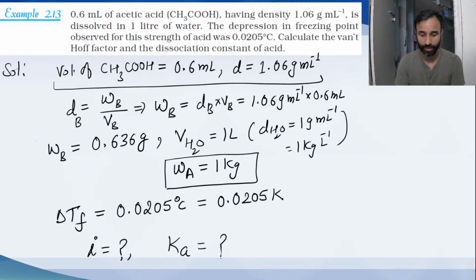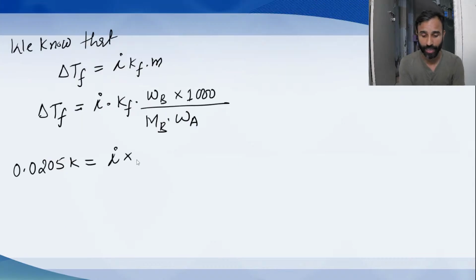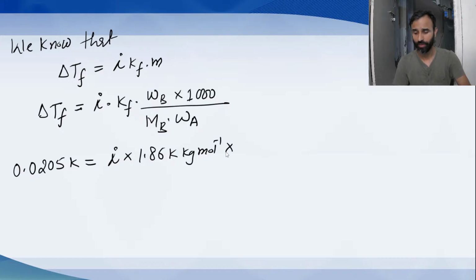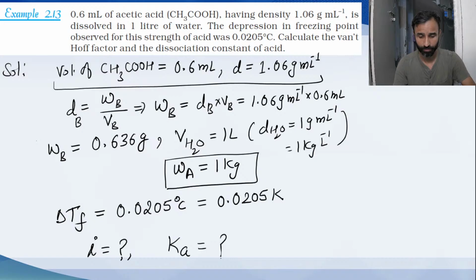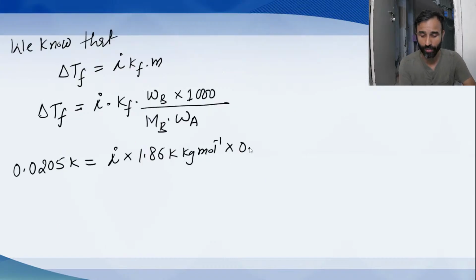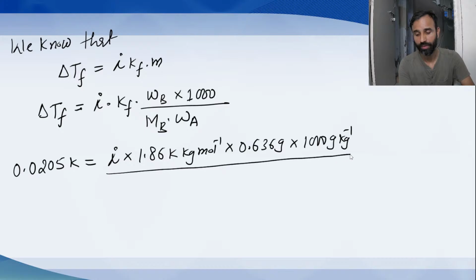I we have to calculate, and KF again is not given, but you know KF for water is 1.86 Kelvin kg per mole. WB, what is WB? 0.636 gram, 1000 gram per kg, divided by MB.